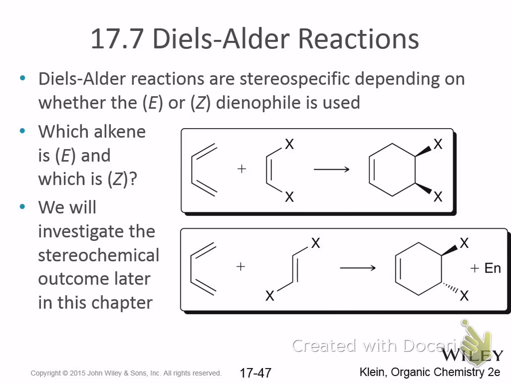So as this bond forms here to here and here to here, one of those groups has to be up, one of those has to be down. And because it could either be added like this or flipped over like that, then you end up with a pair of enantiomers of each other. They'll be mirror image molecules. Okay?